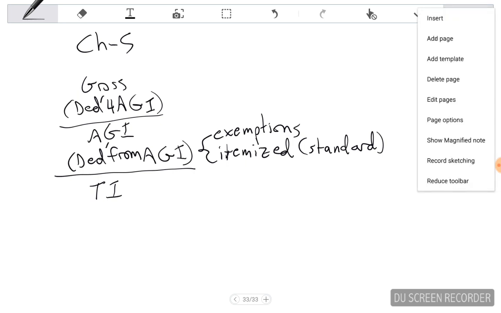Gonna add a new page. So, first thing they go over, I believe, is the medical. Oh, and first off, they also talk about where their itemized deductions are reported. They're reported on the Schedule A, which is one of the 1040 attachments.